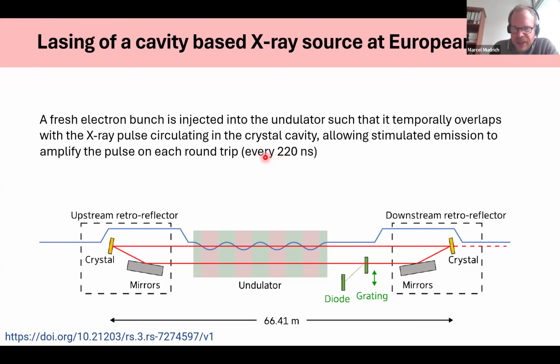And for this realization at the European XFEL, this was every 220 nanoseconds. So that's the round trip time of the X-ray pulses in the resonator, and accordingly that's the distance in time between the electron bunches that have to be injected to match the timing.